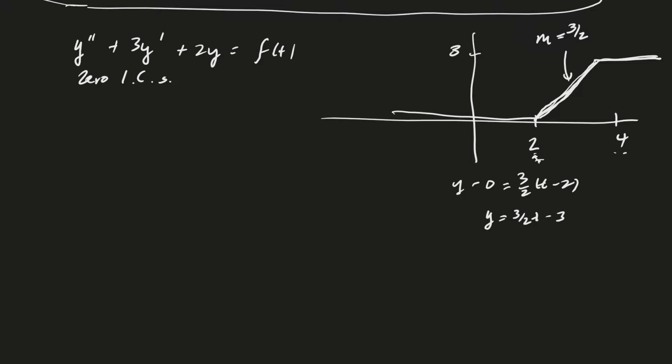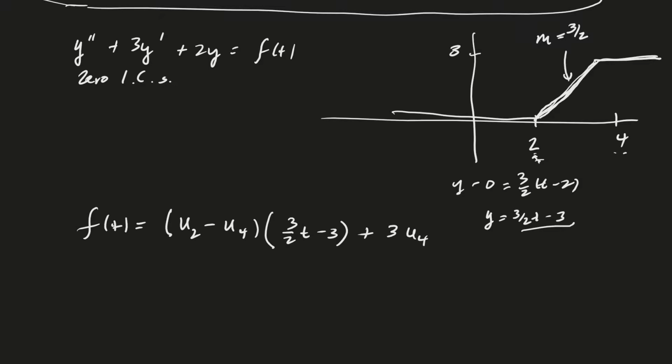Okay, so f of t is going to be this line turned on from u2 to u4. So let's go ahead and write that. f of t is equal to u sub 2 minus u sub 4 times our 3/2 t minus 3, plus 3 times u sub 4.